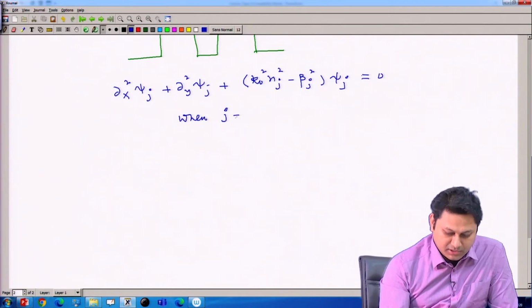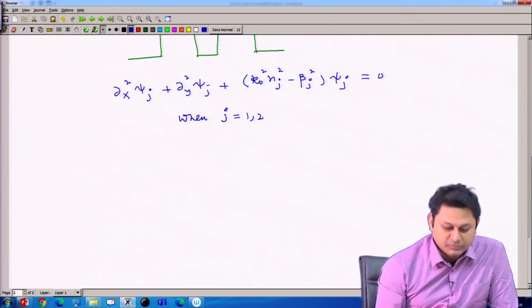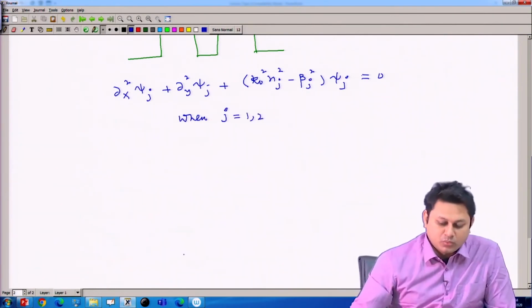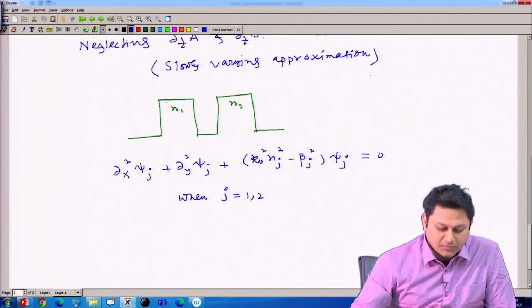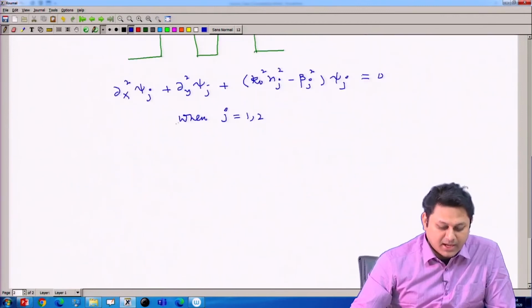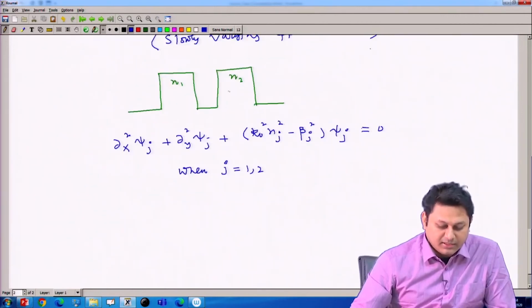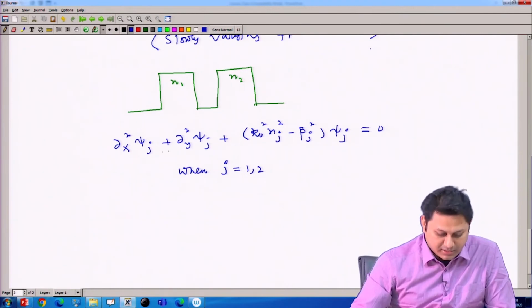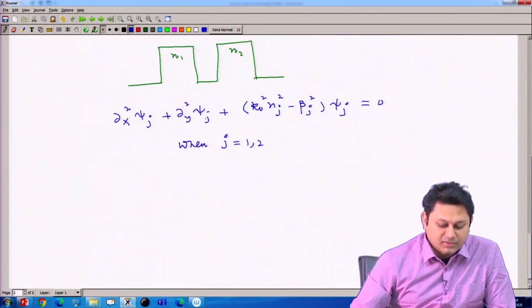when j is 1 and 2. So, for psi 1 and psi 2 we can have these solutions of these waveguides. If this waveguide n2 is not there, for the n1 waveguide I can have this equation, and if n1 is not there, if I have only n2, then I can have the solution, Maxwell's equations or the mode equation for psi 2.